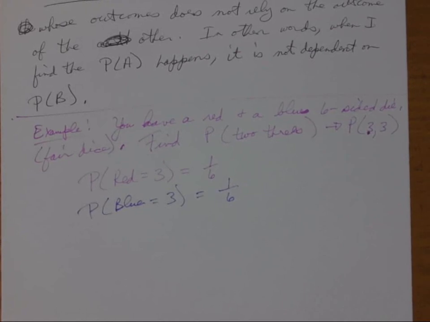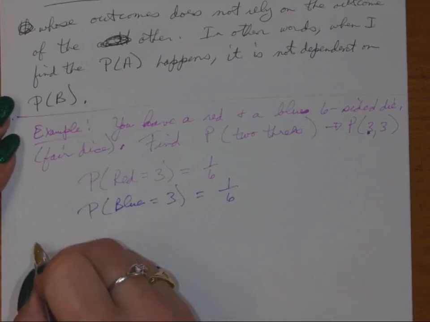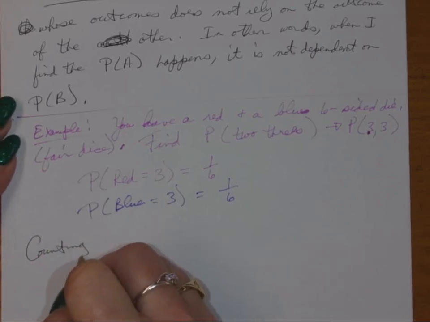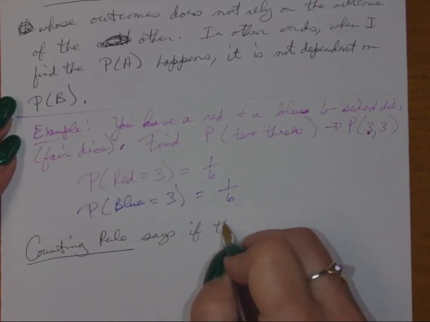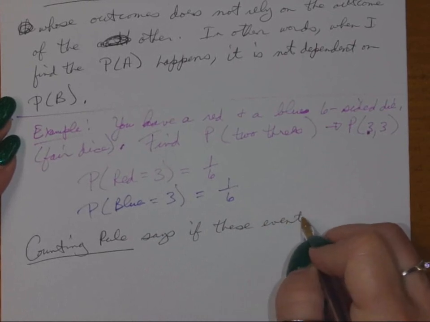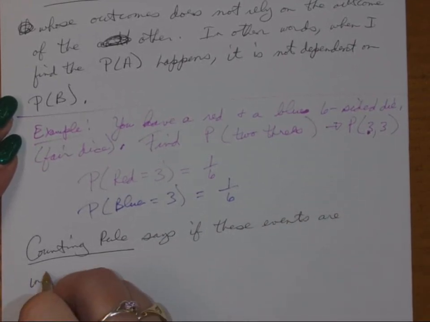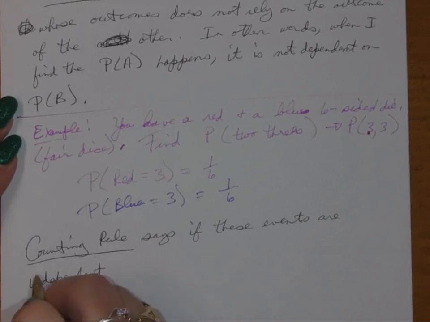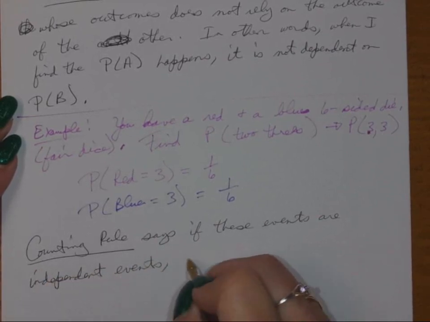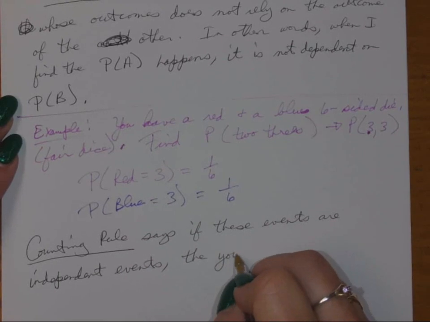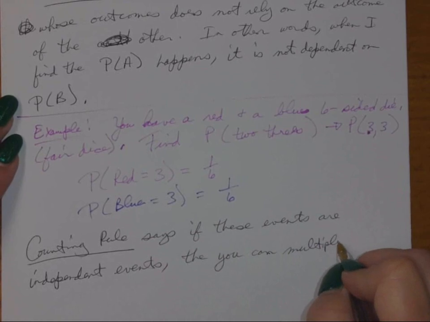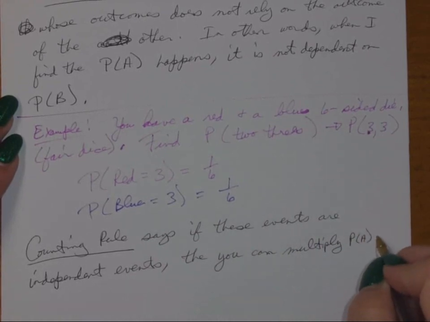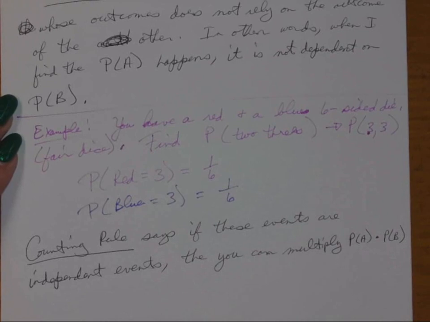And there's something called the counting rule for outcomes. So the counting rule says, if these events are independent, which is why we started with that definition, independent events, then you can multiply the probability of A times the probability of B. Okay?